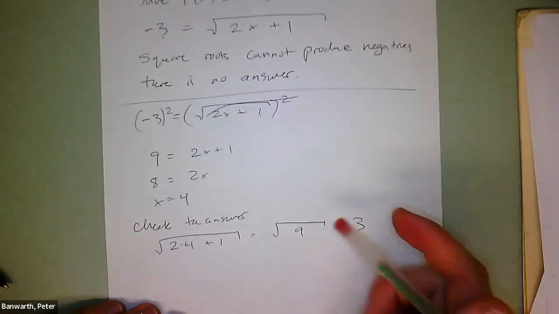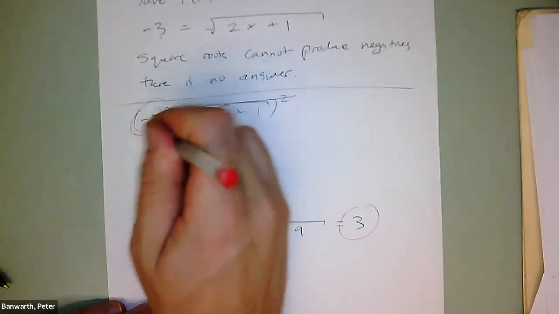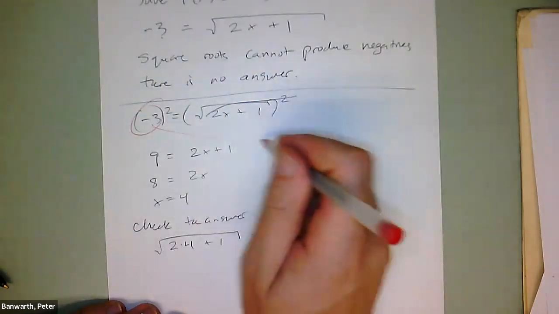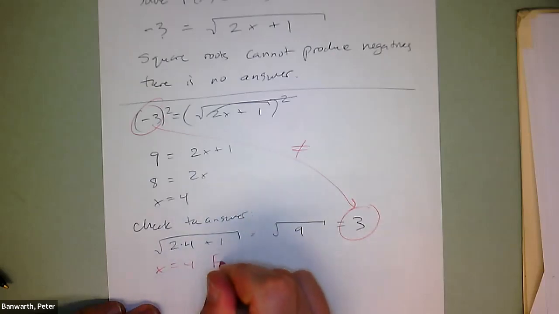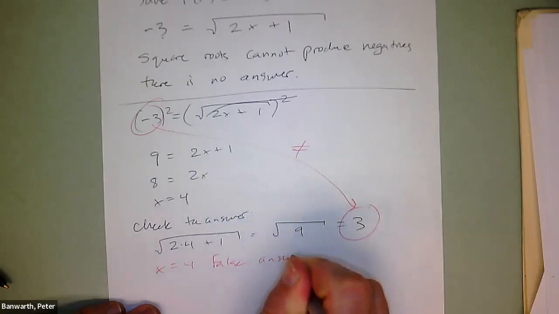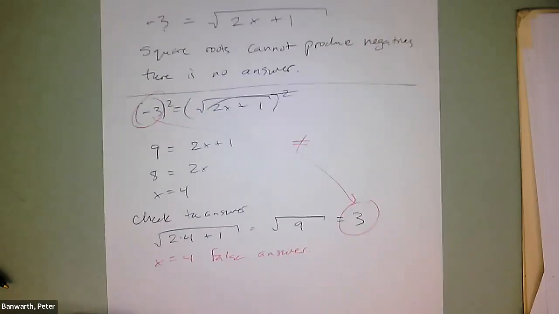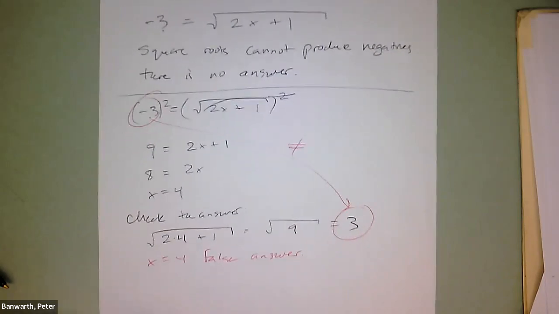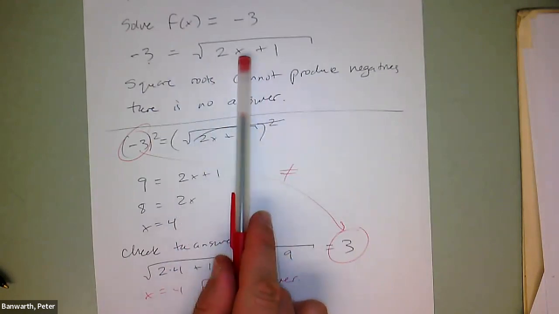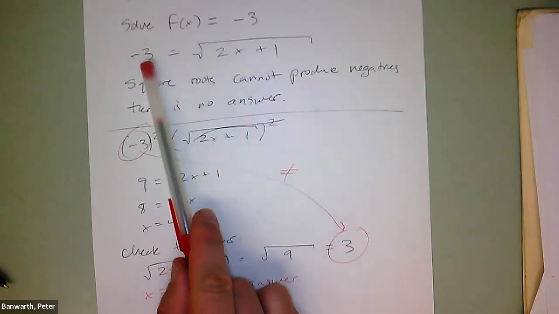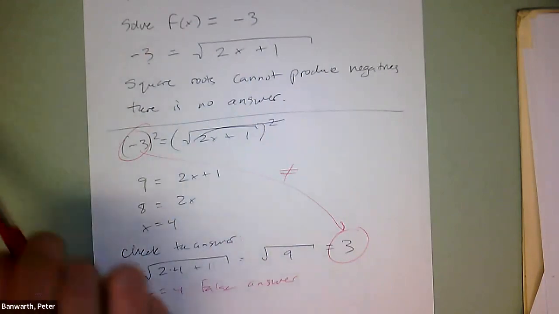And since 3 and -3 are not the same, x equals 4 is a false answer. So it's possible when you're solving for x, you find a false answer. And the best way to avoid it is just to ask yourself before you even start, could I actually find an x value that would give me what I have here on the left side?